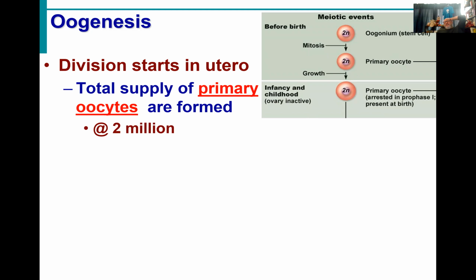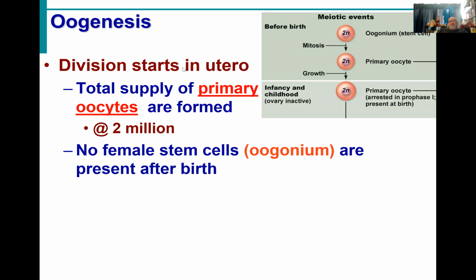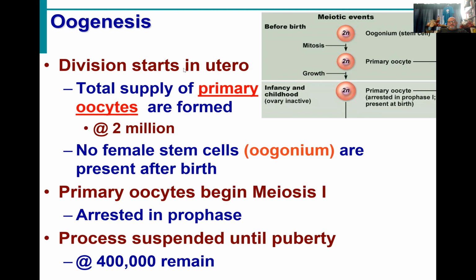And does she keep all of them until puberty? What do you think? Do you think all 2 million survive 13 years until puberty begins? No, in fact, by the time she reaches puberty, she only has about 400,000 remaining. Again, it's a minuscule number compared to what males produce.